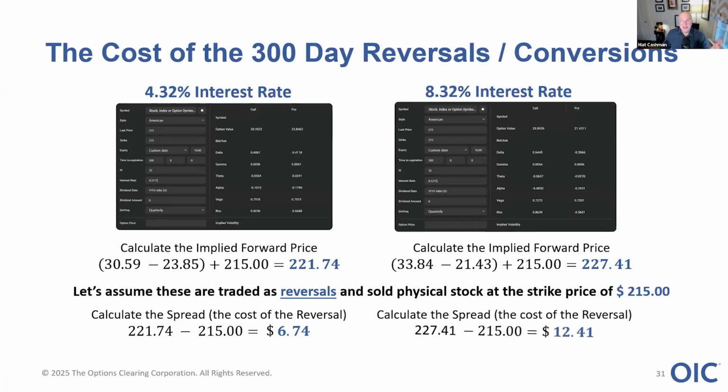Over here, obviously, the difference is going to be even greater, $12.41. So this is where the difference exists in the actual conversion or the reversal. This is one of those discount factors that I was talking about. If you look at something from a put call parity standpoint and it doesn't line up perfectly, you need to look at what the interest rate assumption is.